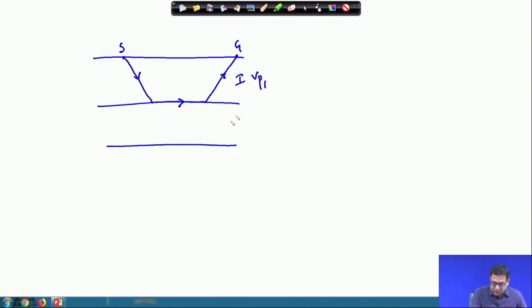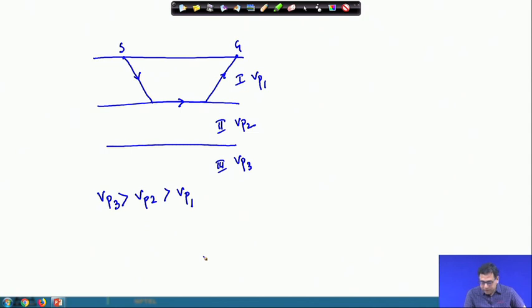So this is VP1, this is VP2, and this is VP3. Remember that VP3 is greater than VP2, which is greater than VP1. Now, I will quickly give you the expression of the derivation.